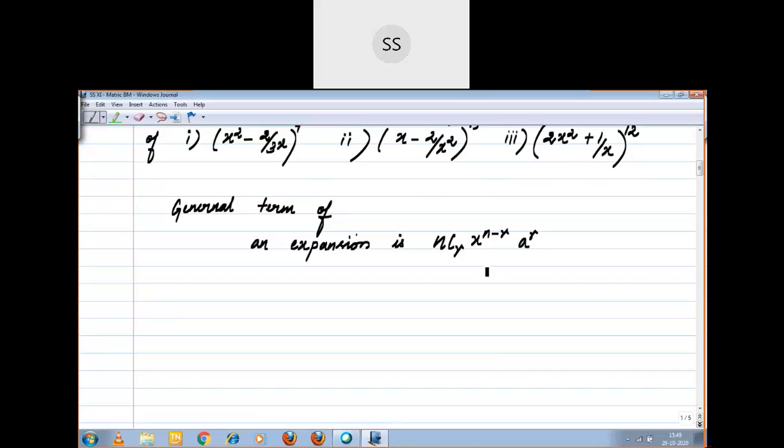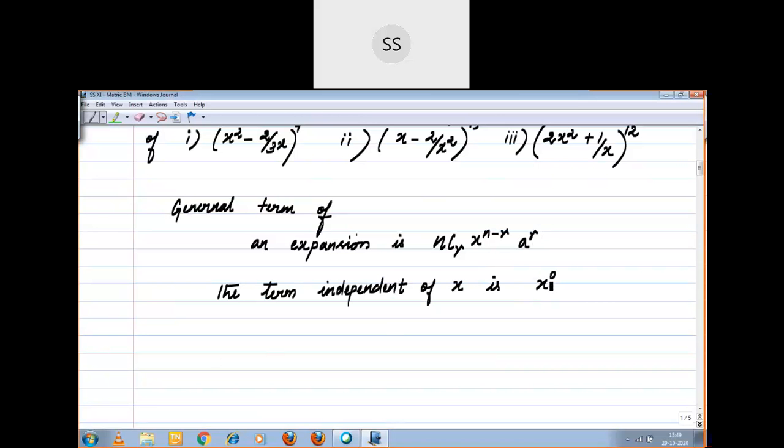In that question, one more phrase is given, right? Find the term independent of x. The term independent of x is nothing but x to the power 0.